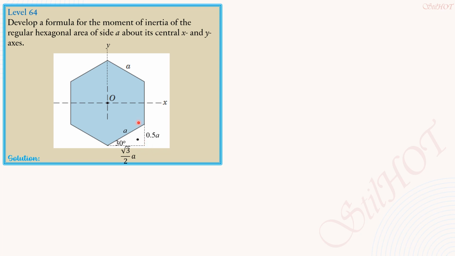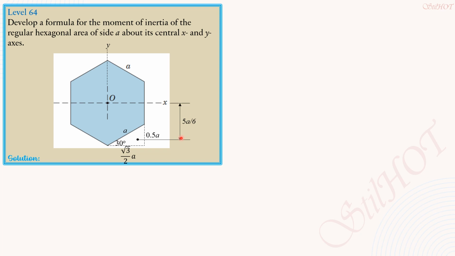So from the x-axis, a over 2, this is a over 2 plus 2/3 of 0.5a. The distance from this vertex to the centroid vertically is 2/3 of 0.5a. Or the other way, this is a, then minus 1/3 of 0.5a. So that's 5 over 6 of a.